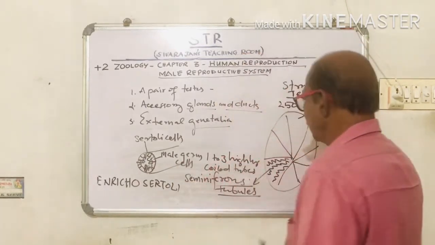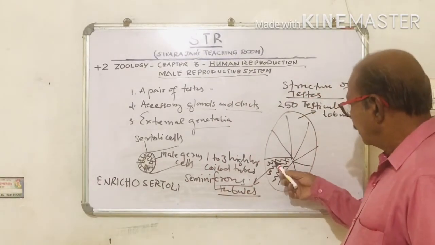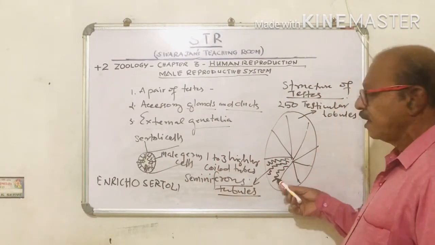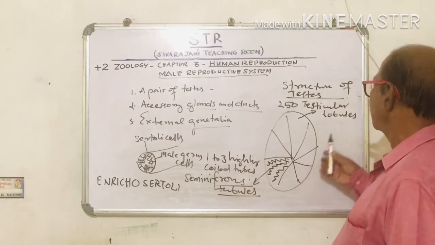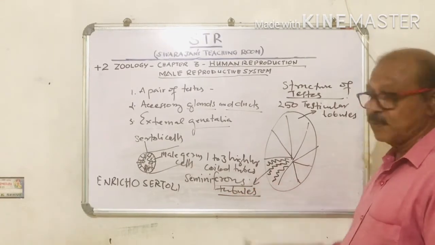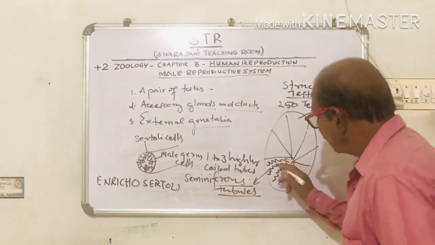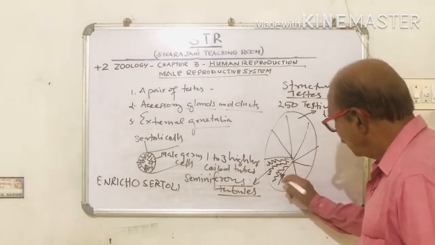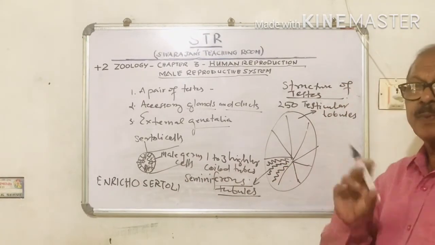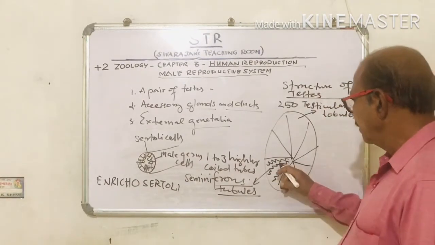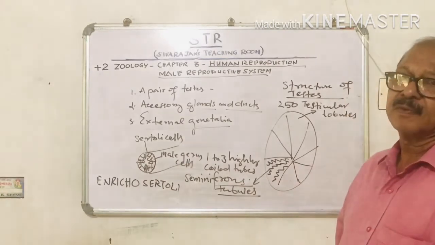Now, I told you, there are 1 to 3 highly coiled tubes in each compartment, each testicular lobule. They are the seminiferous tubules. Outside the seminiferous tubule, at this point here, there is a space between the seminiferous tubules.